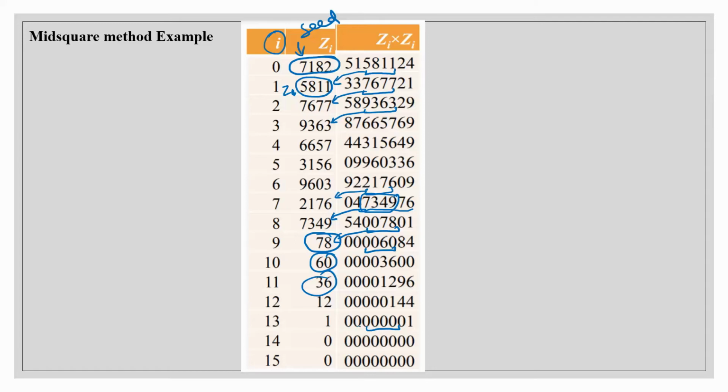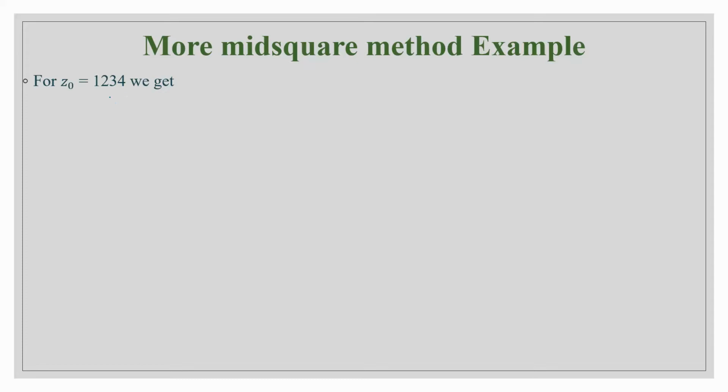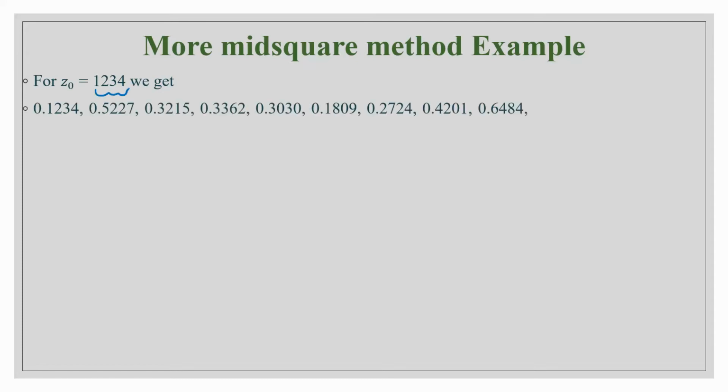You will see that you will not get a lot of random numbers. Now we will see other examples. If you choose this as a seed value, you can get these random numbers. These random numbers are obtained by putting a decimal in front. Squaring it, this one is the 4 digits in between.